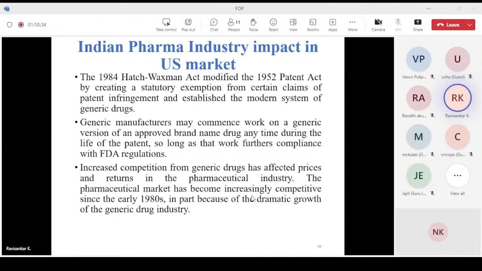Only after January 2025 can you market the product. Before that, you just file the ANDA, get approval, and be ready for marketing in January 2025.